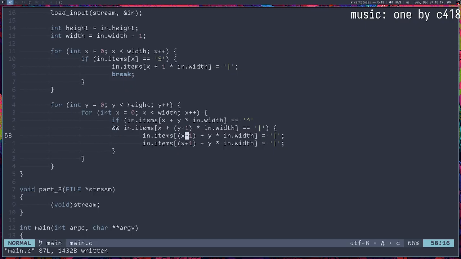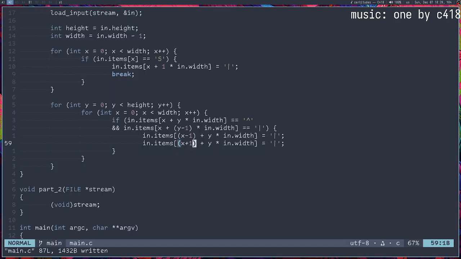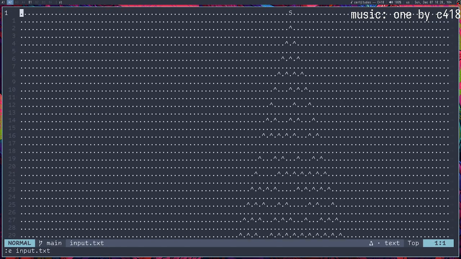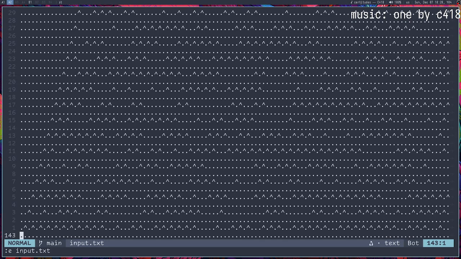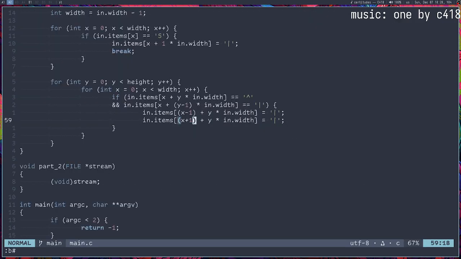I'm a little weird about these x minus 1 and x plus 1. I know that the input kind of ensures that there is a space around every splitter. Let's look at the input. Yeah, it ensures that there's a space around every splitter, but I still feel kind of weird about it.